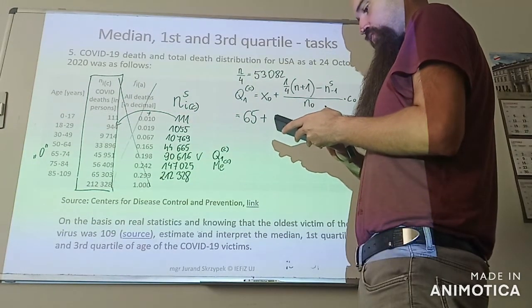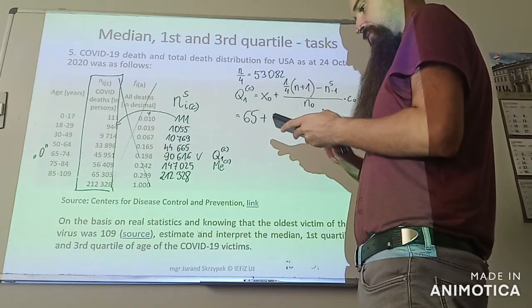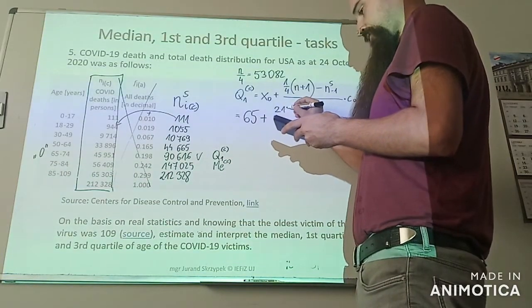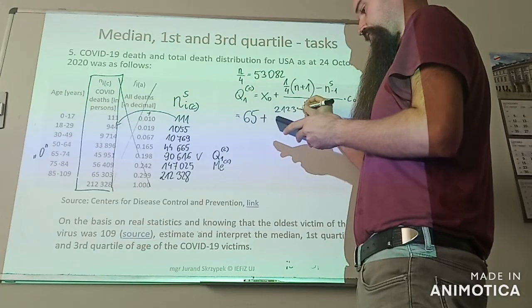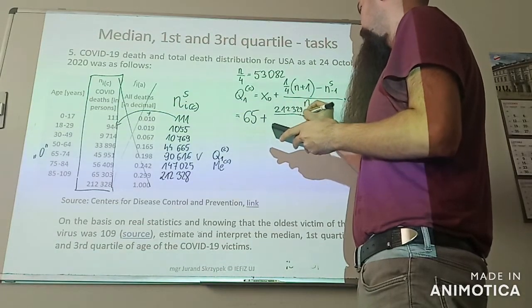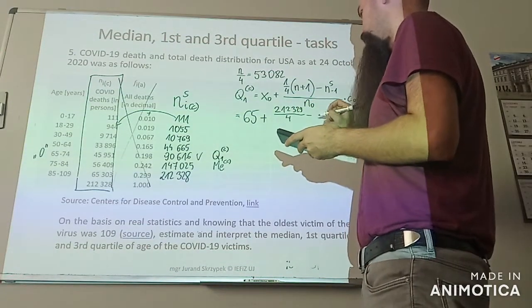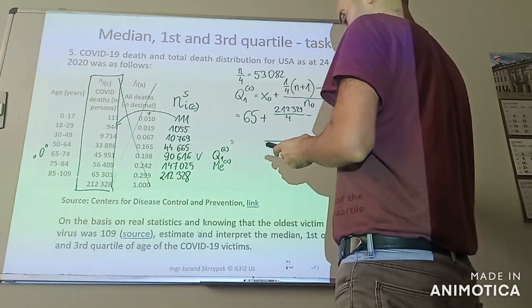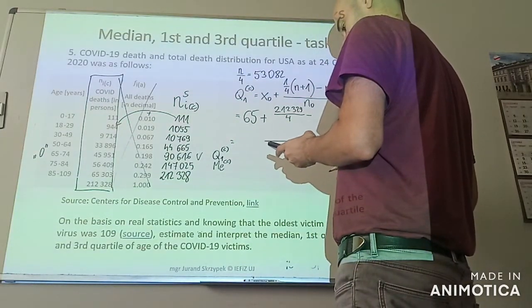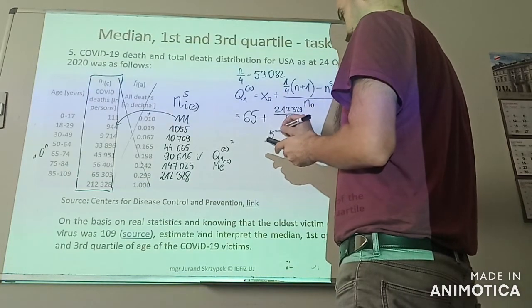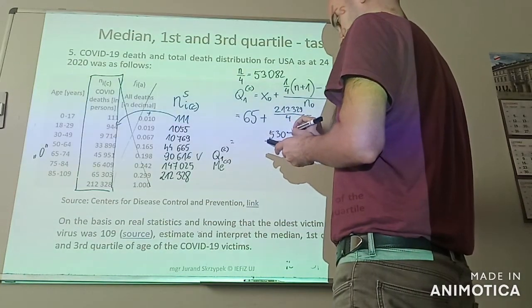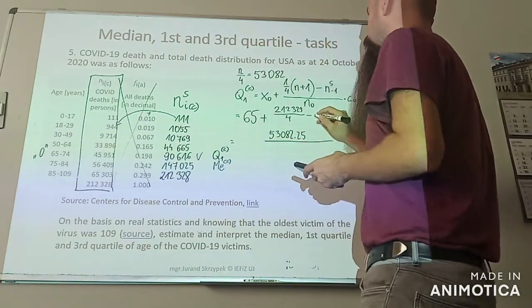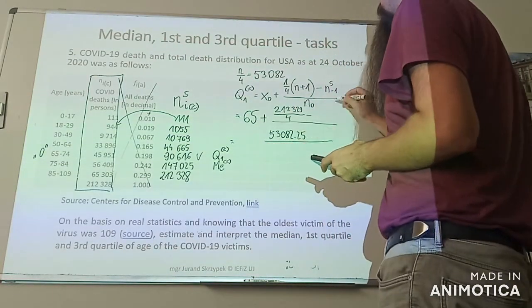2, 1, 2, 3, 2, 9. Yeah? 2, 1, 2, 3, 2, 9 divided by 4 minus what?